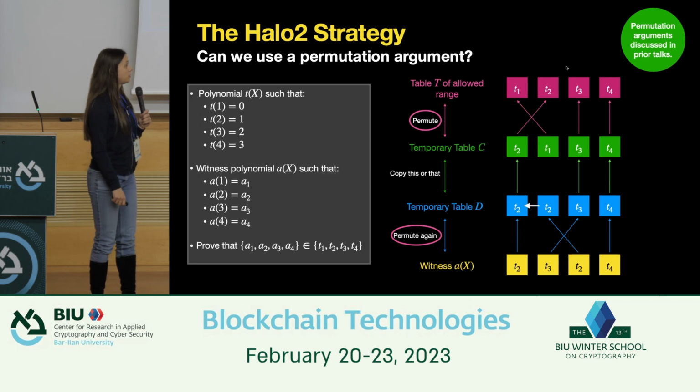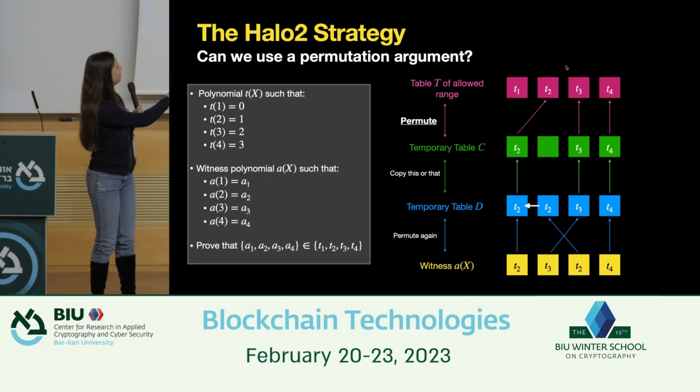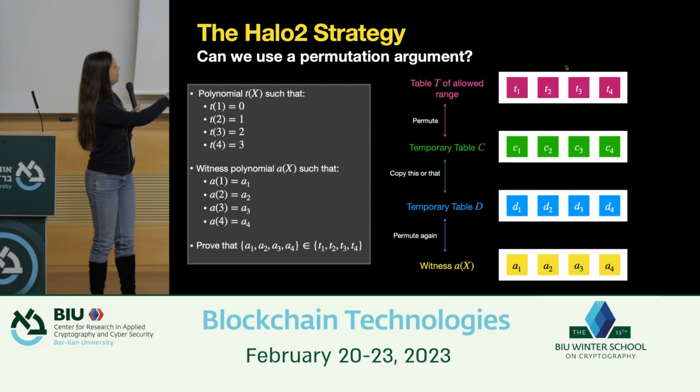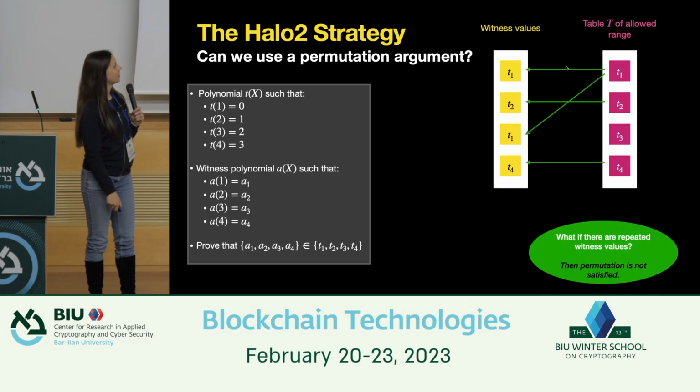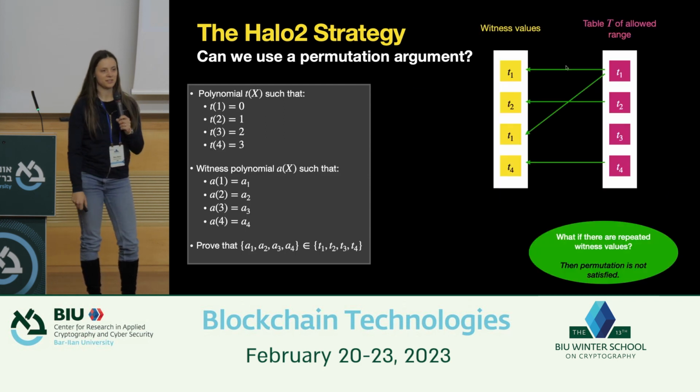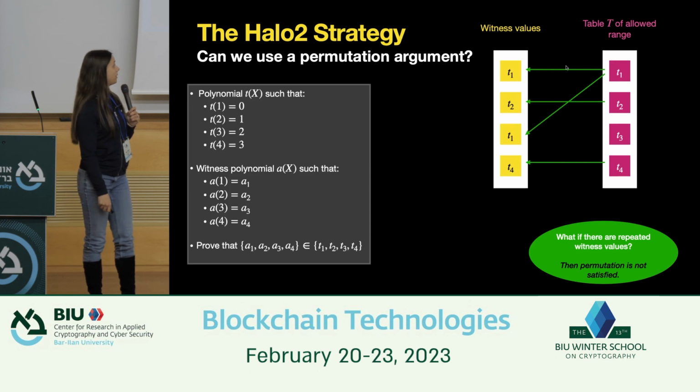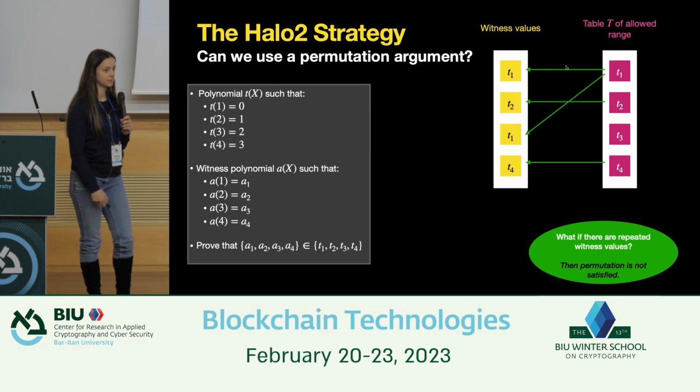If we had two T2s, well, if I go back quite a lot, yeah. In this situation, it's not T2, it's T1. If we had T1 appear twice, can you see that T1, T2, T1, T4 is not a permutation of 1, 2, 3, 4? Right. Oh, so we have to have 4 different elements in permutation argument. Yes.